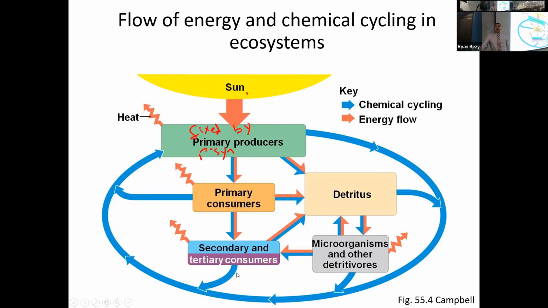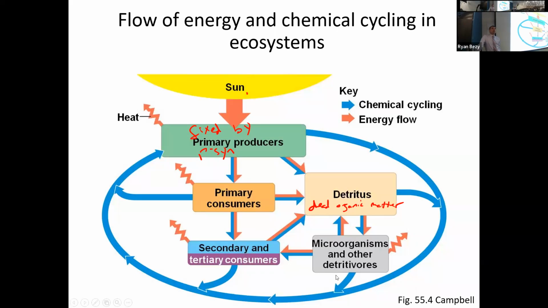Everything at some point dies. Detritus is dead organic matter. Everything dies at some point. And then there are what are called detritivores or decomposers that will eat the dead organic matter.